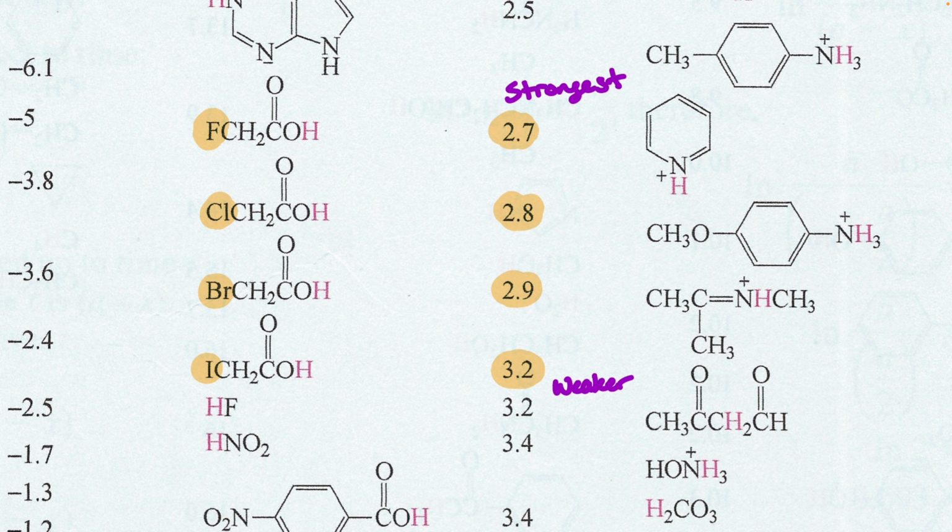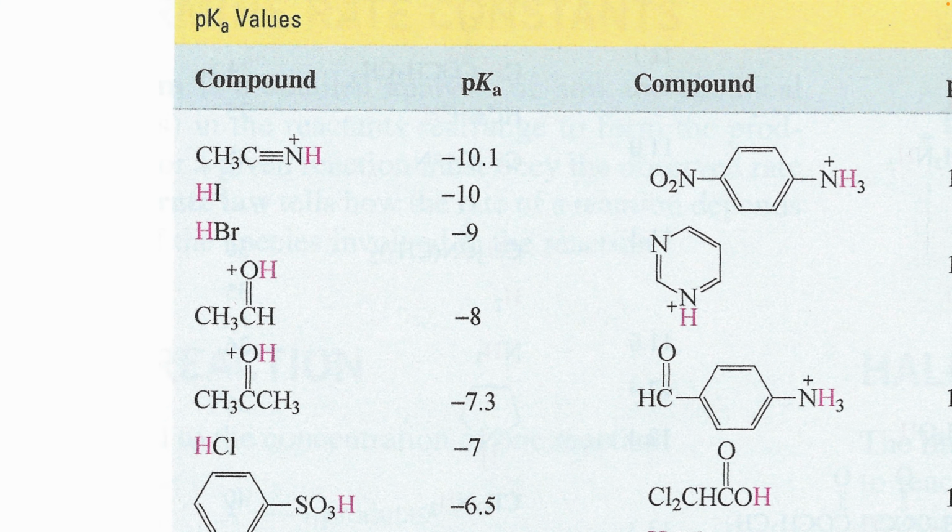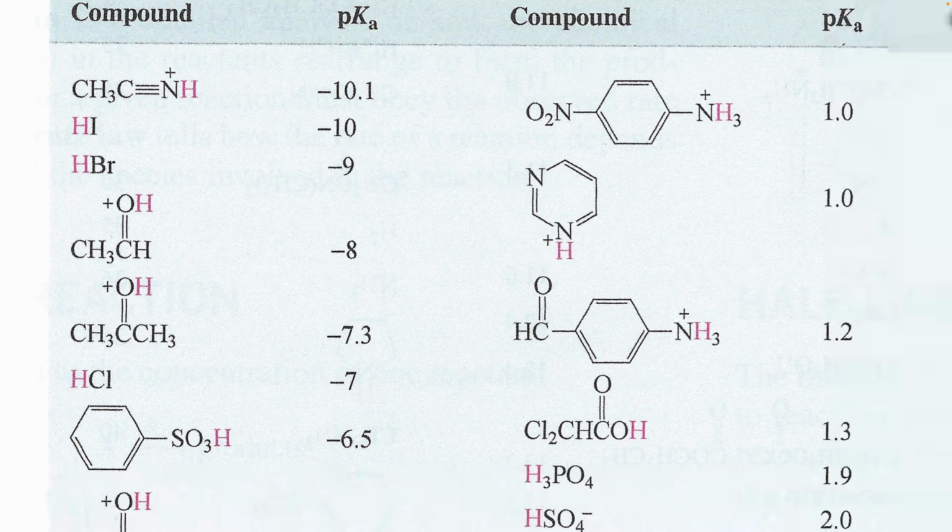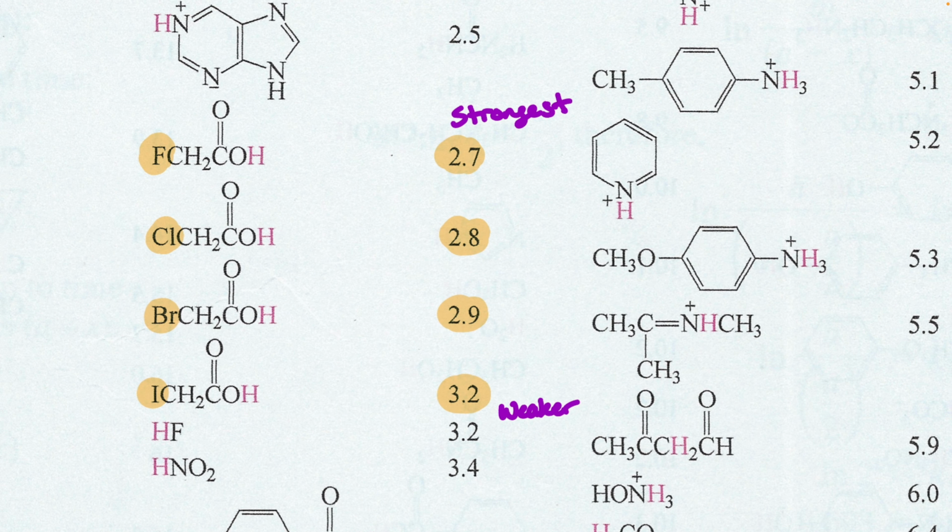So in this case, when we were talking about size, that's why hydroiodic acid, the atom that's donating the proton, is the strongest, then hydrobromic. Over here, it's the opposite trend, right? Iodine is the weaker of the two, and fluorine is the stronger. But that's because these aren't atoms donating their hydrogen.